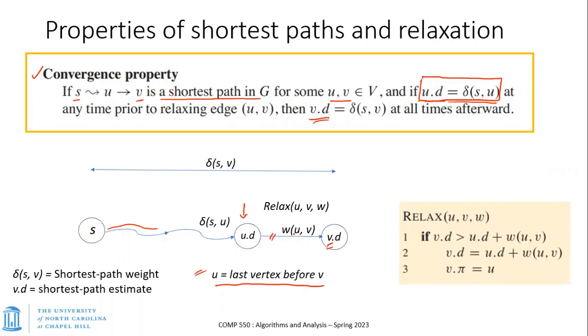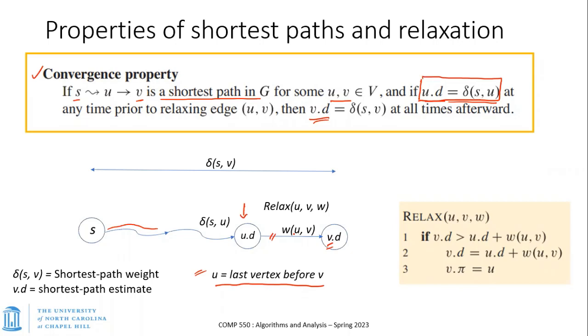We're saying that if you have a path which is a shortest path, and U is the last vertex in that path before V, and we've already found that the path to U is the shortest path, then by relaxing UV, V's estimate is now guaranteed to be the shortest weight path. It's saying something about the relaxation process.